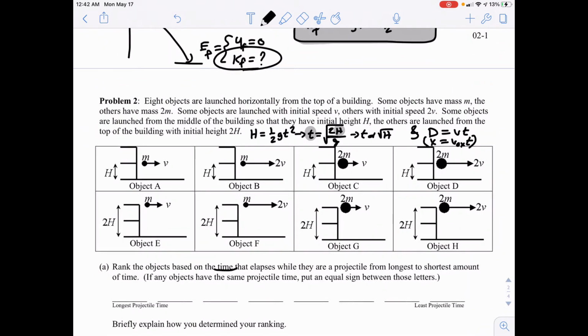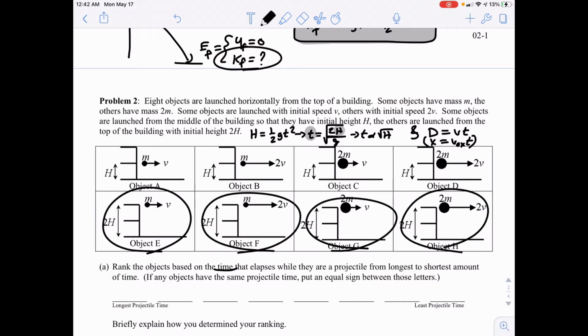Now, let's use this to rank the times. Since time depends on height, the ones that are going to have the longest time are going to be the ones dropped from the highest heights. Which ones are dropped from the highest heights? That would be E, F, G, H. And again, I do not care about the velocities being different.